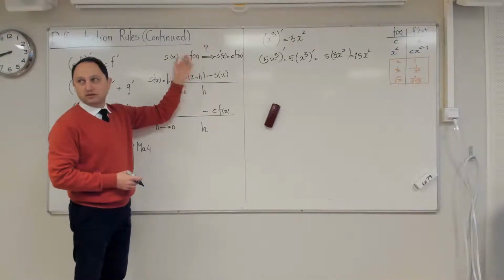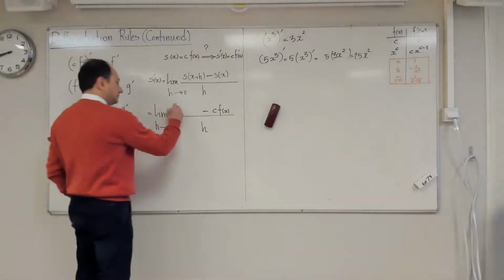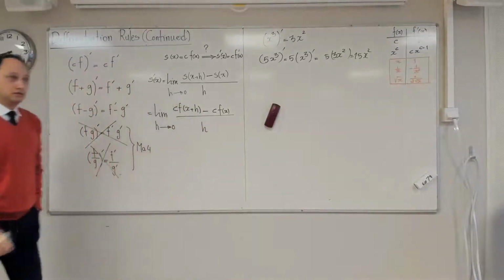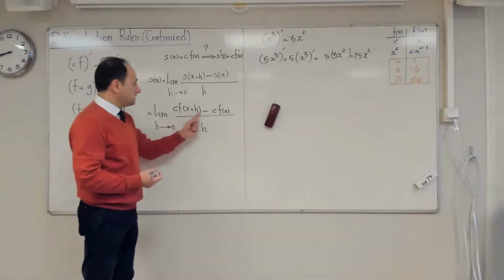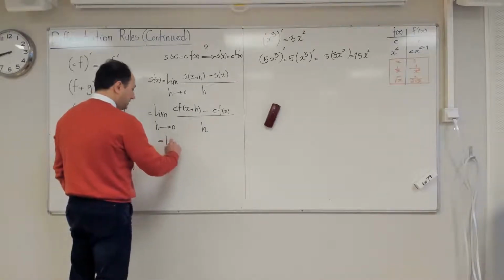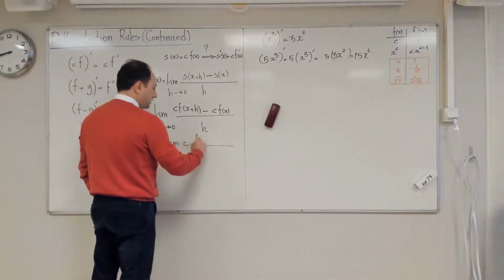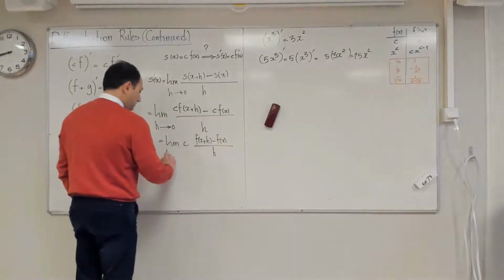So it would be c times f of x plus h. Agree? And now what you see is that c is common, and I can factor it out. So this becomes the limit, c goes out, and what is left here is f of x plus h minus f of x divided by h, as h goes to 0. Agree?